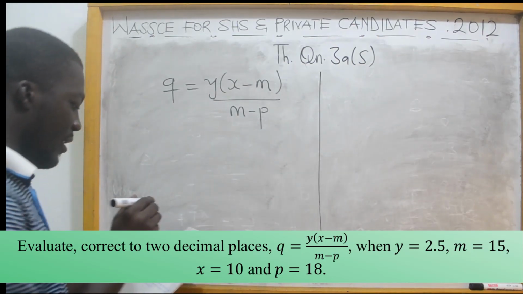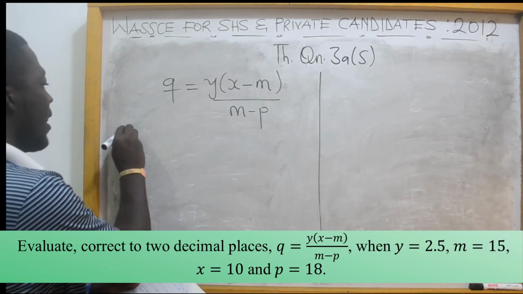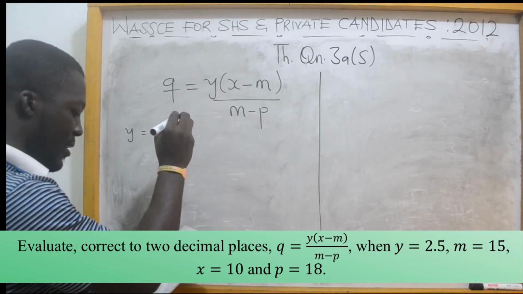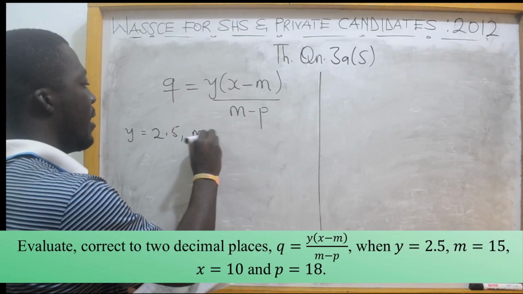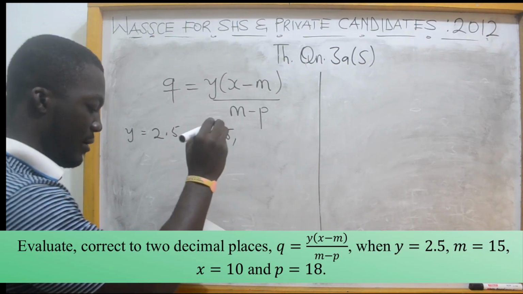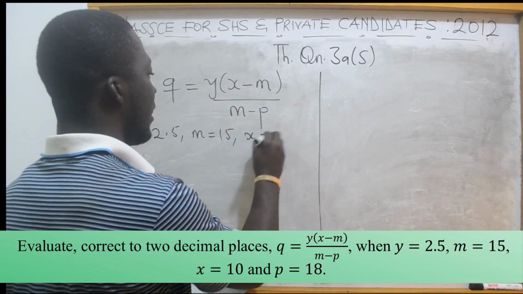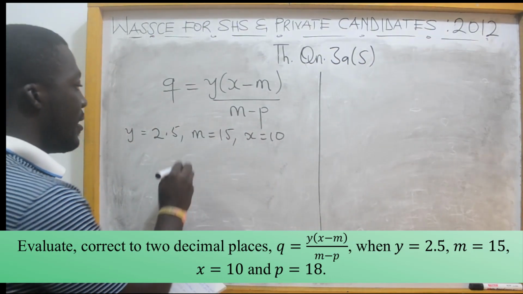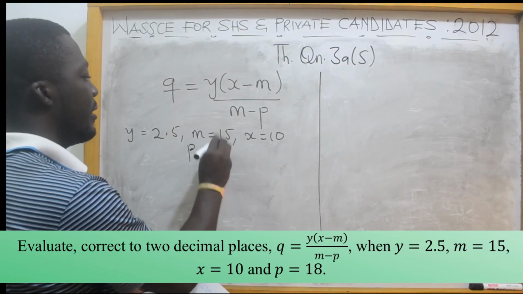And we have been given the values of y as 2.5, m as 15, x as 10, and p as 18.